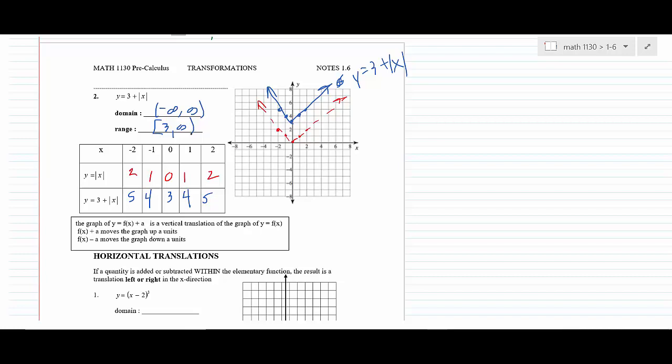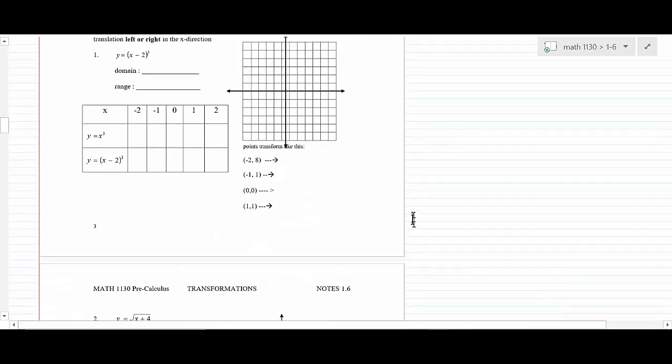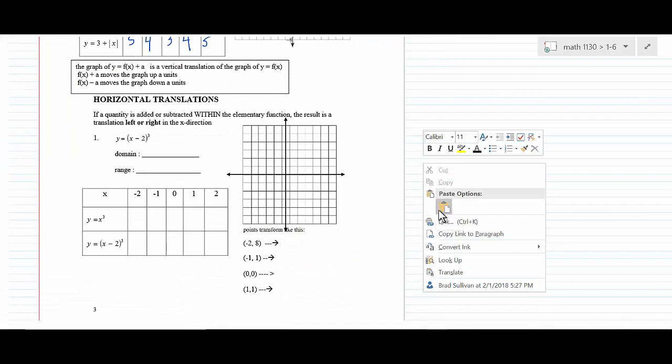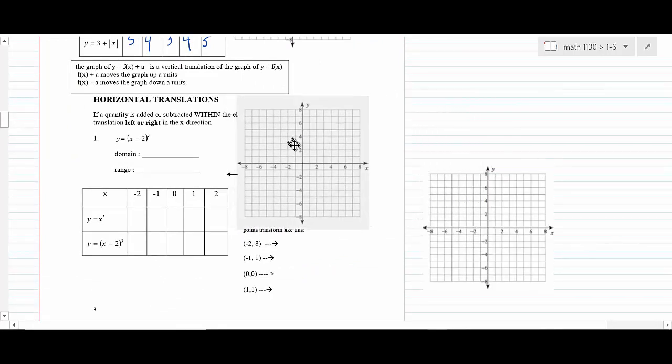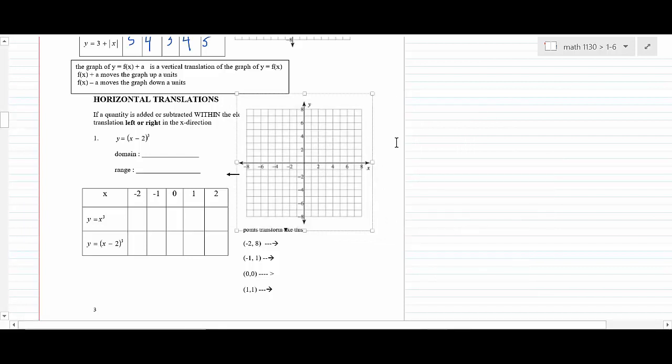Okay, next one is what we call a horizontal translation. This one's the one that's a little bit harder for students to understand. The calculations are pretty straightforward on this. So I haven't done a cubic function yet, so we're going to go ahead and do the graph of y equals x to the third to start with. And again, all you're doing on this is you're just cubing this.